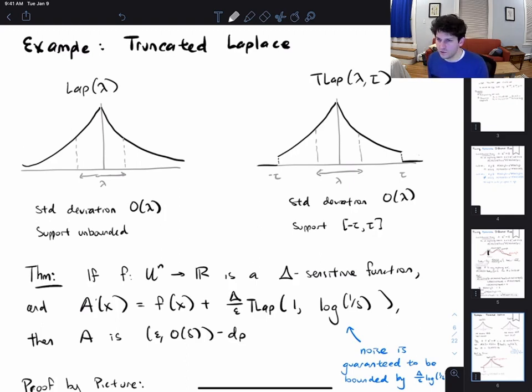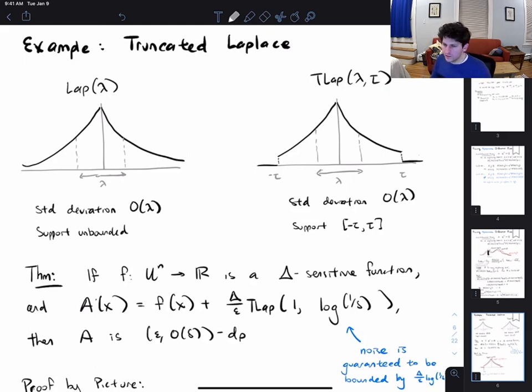We take the distribution with scale 1, chop it off at log 1 over delta, and multiply that whole thing by the sensitivity over epsilon. We cut off the tails, and you can show that this algorithm satisfies epsilon, delta DP, or epsilon, order delta DP. I think you have to make it 2 delta or 3 delta or something like that.